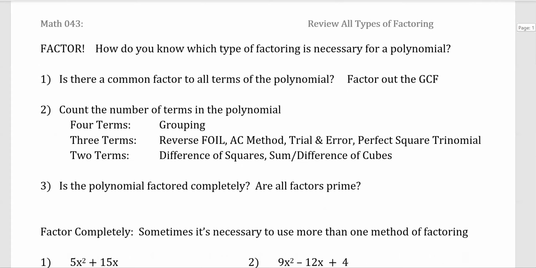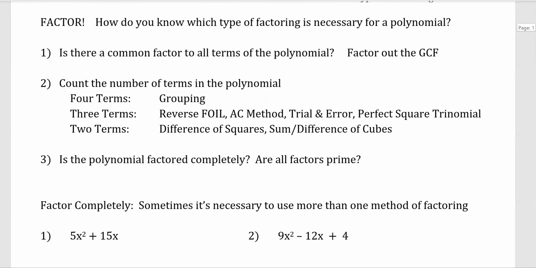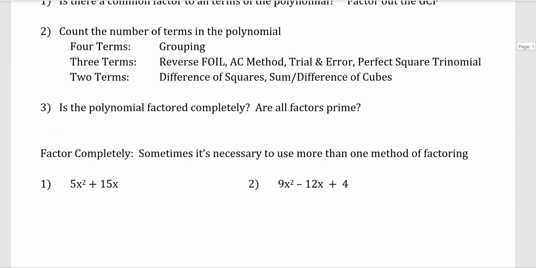So at the top of the worksheet, it is the same information that was on the previous worksheet about how do you know which type of factoring is necessary. Number 1, is there a common factor for all terms of the polynomial? If there is, you need to factor out the greatest common factor. Number 2, you want to look at how many terms you are factoring.